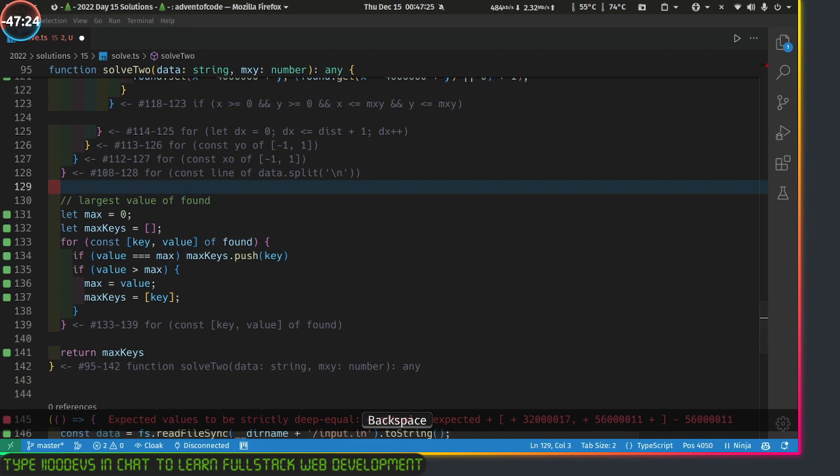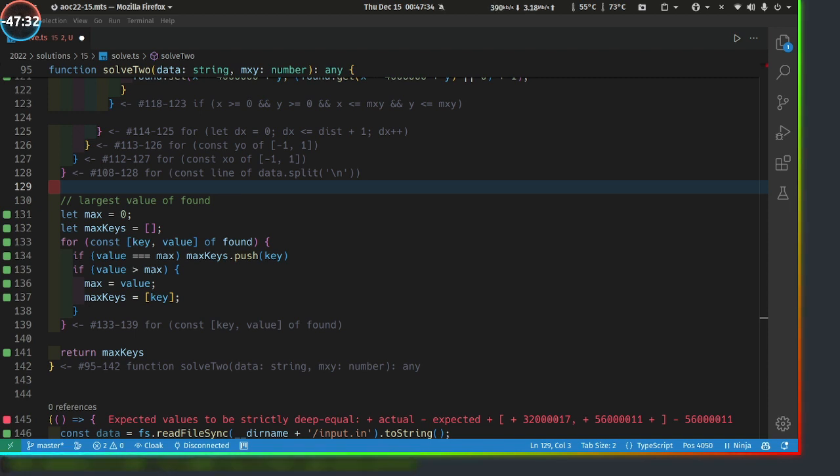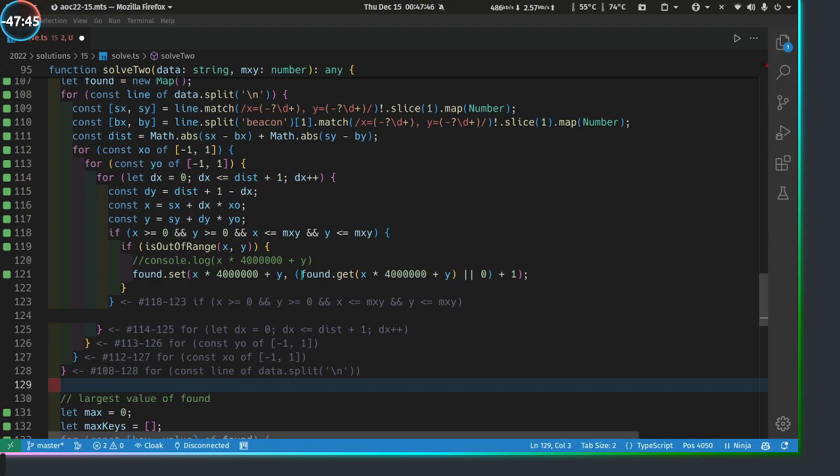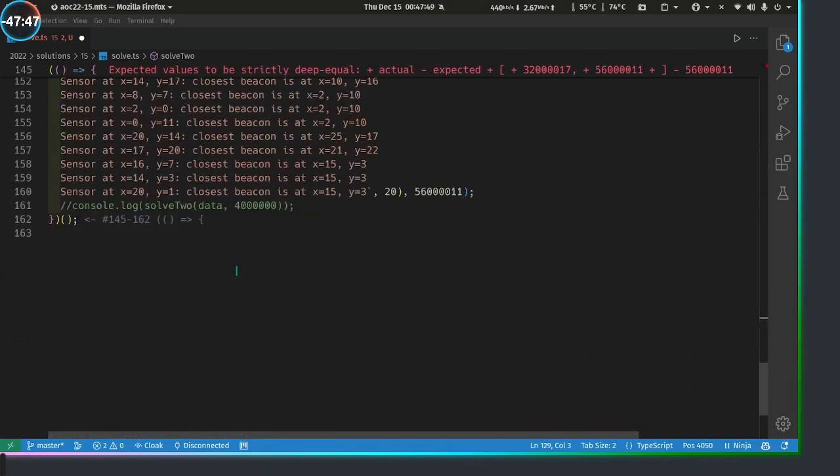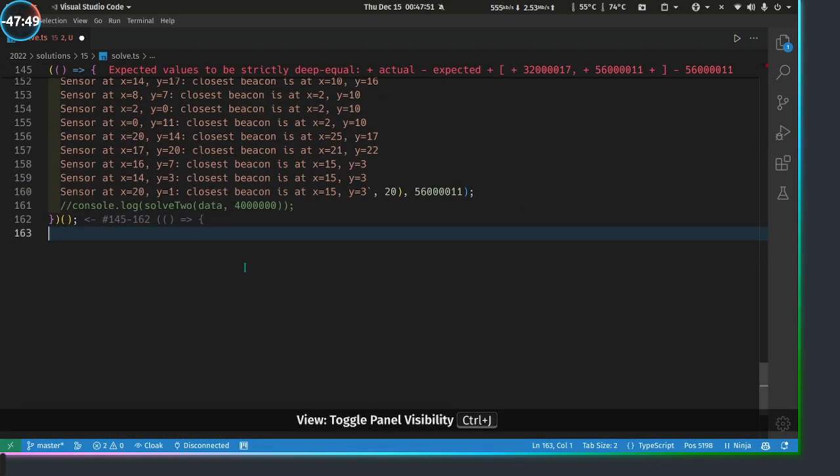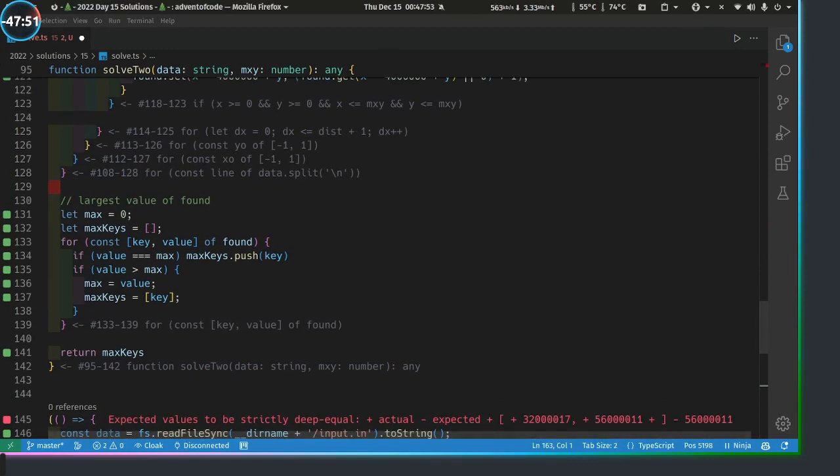Gotta be a better way. I think this is right. Yeah, except we are finding them. Did you happen to run? No, you didn't. Great, yeah. But this is not what we want to do.